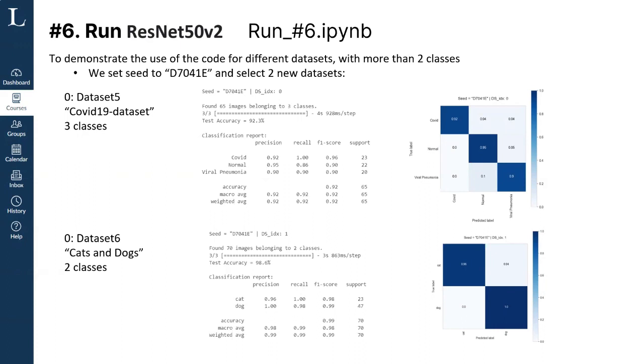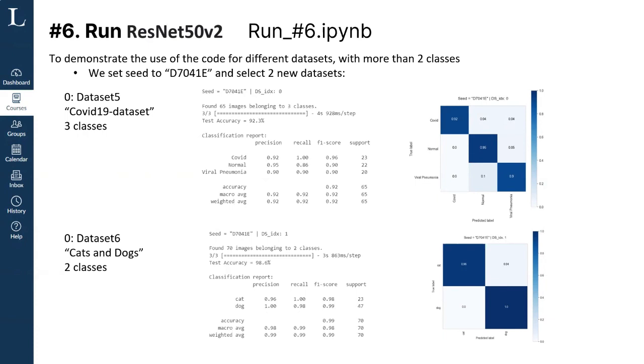In order to evaluate how big this effect is, we choose 2 random datasets from Kaggle containing approximately the same number of images, approximately 200 to 300 images, and calculate the performance using the same code. This time we used the course's code as the seed.